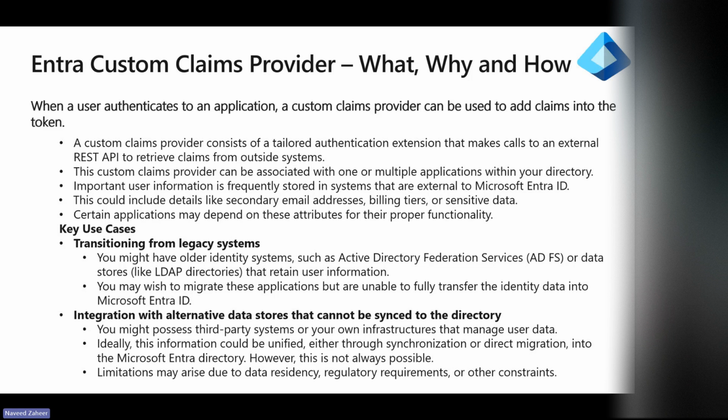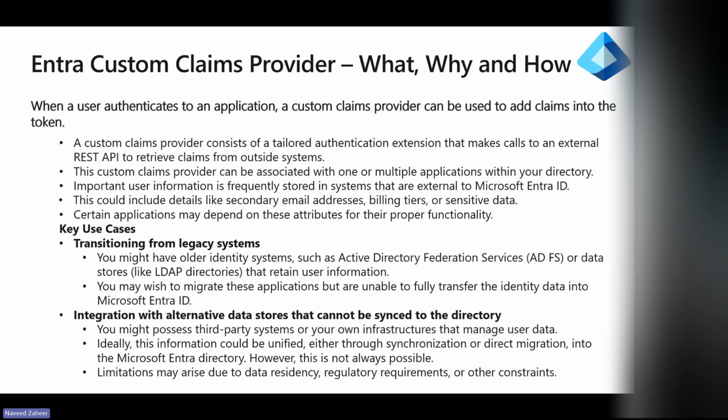For example, one use case is, let's say you are doing a legacy migration. You were using ADFS or LDAP, and you cannot move everything into Azure AD. You still have some information that sits in LDAP. In that case, you may want to get that information through a custom claim provider.